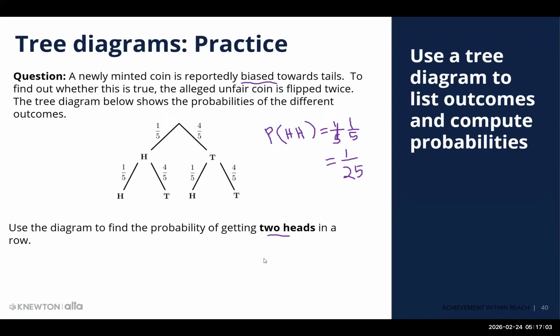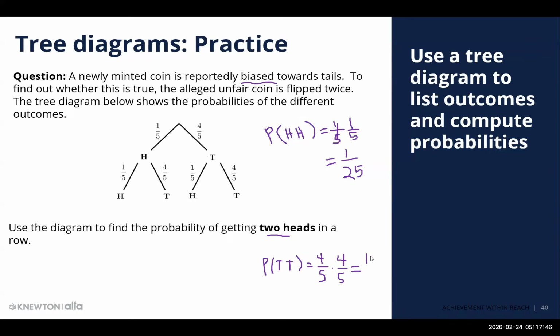Okay. You can also find the probability of getting 2 tails, which normally we would expect those odds to be the same, but because this is a weighted coin, there's a 4 in 5 chance of getting tails, and then there's another 4 in 5 chance of getting tails again.